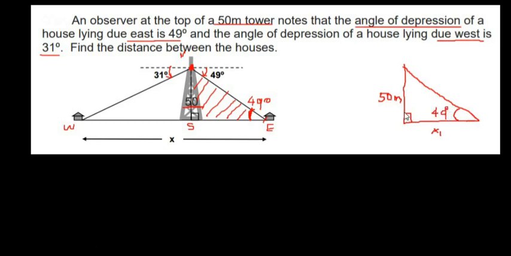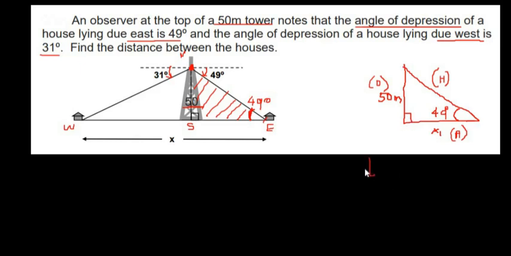Now again using SOHCAHTOA we can find x1. We start by marking the hypotenuse, opposite and adjacent. This is going to be the hypotenuse, this is going to be the opposite, and this is going to be the adjacent. You might have already guessed that the hypotenuse is not given, so we cannot use SO or CAH, we can use TOA.